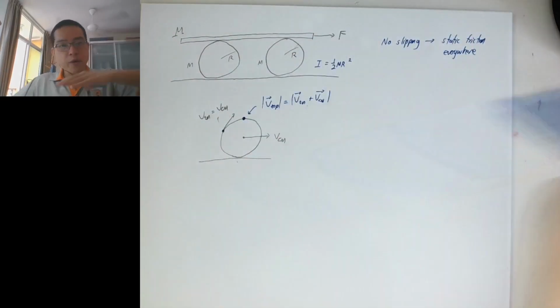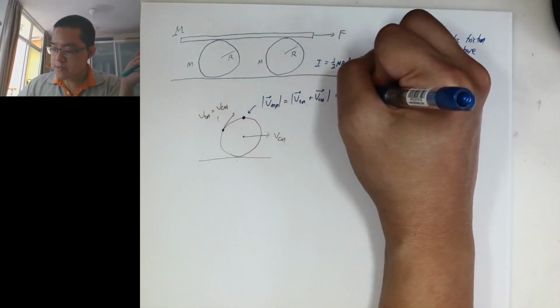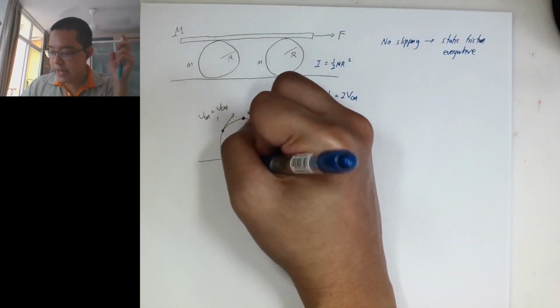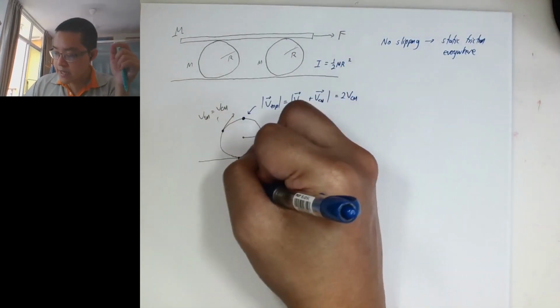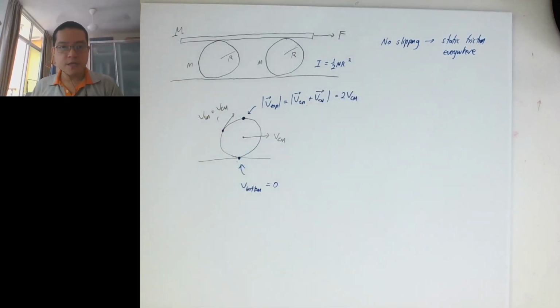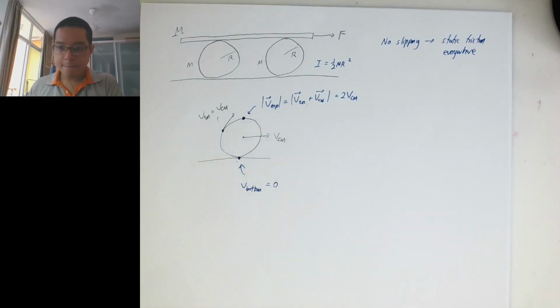If both are pointing the same direction, then the total velocity is just 2v center of mass. Do you agree? I have also shown you the animation last time, that the v at the bottom is equal to 0 because they are cancelling each other. Do you remember this?